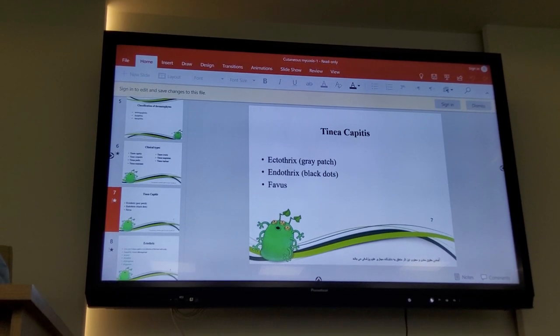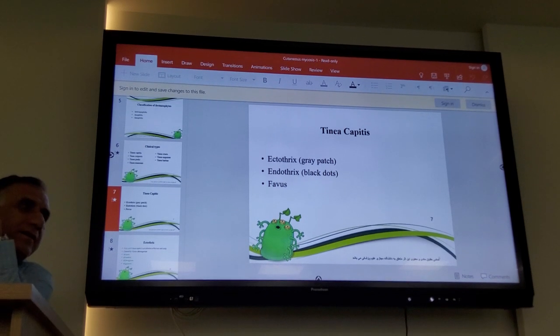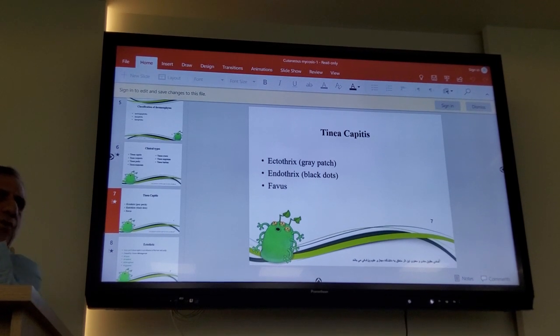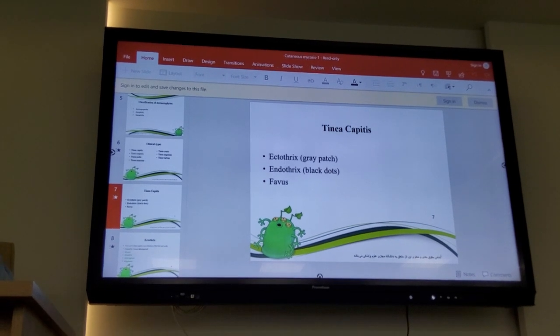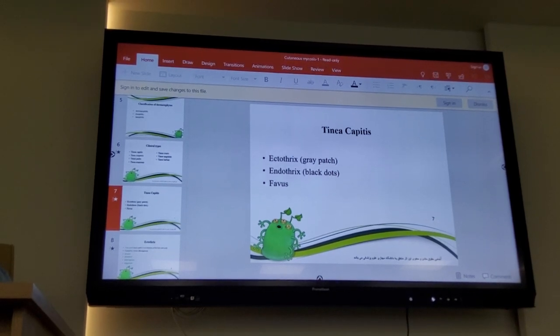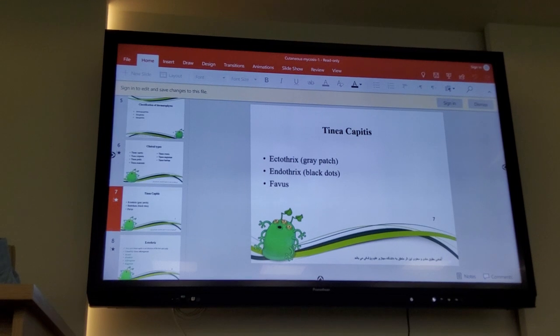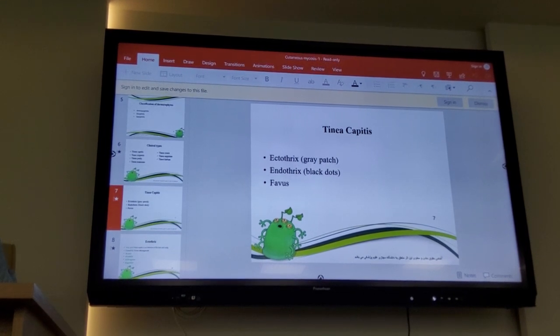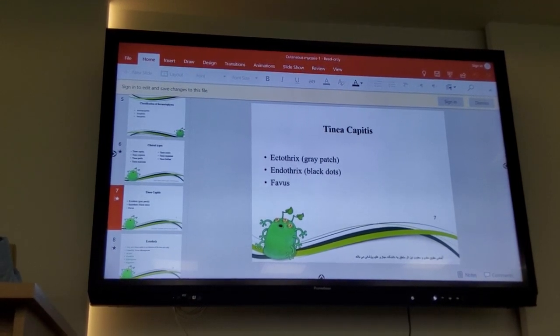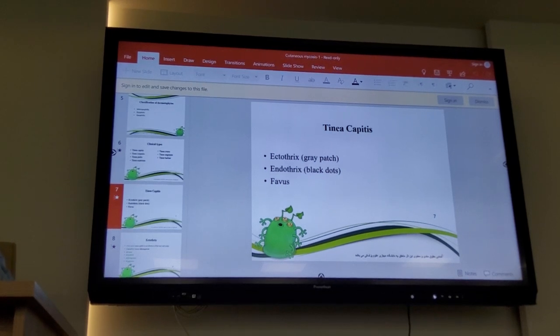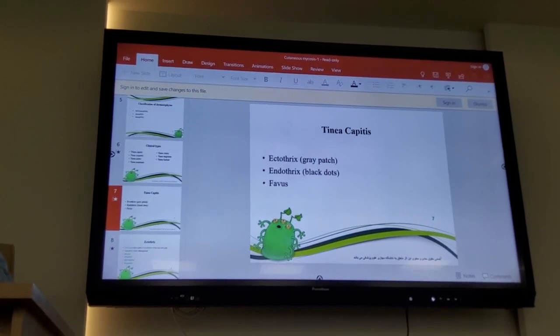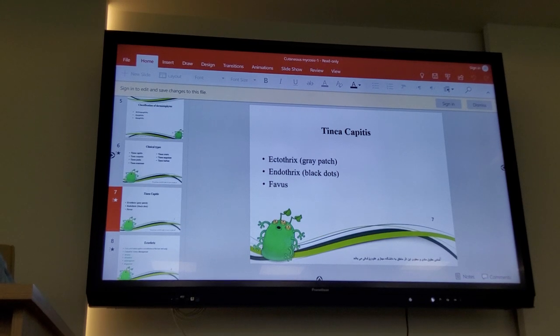And in favus, based on the shape of dermatophyte, the structure of dermatophyte: in ectothrix, we see spores around the shaft of hair.